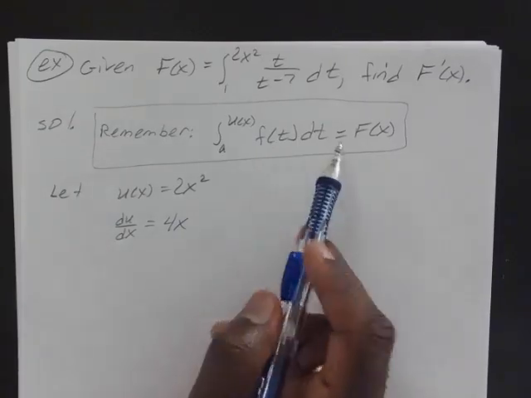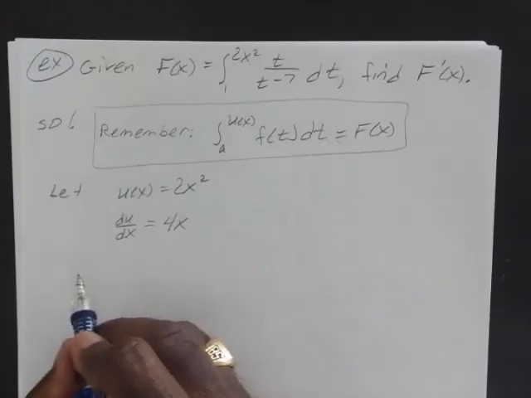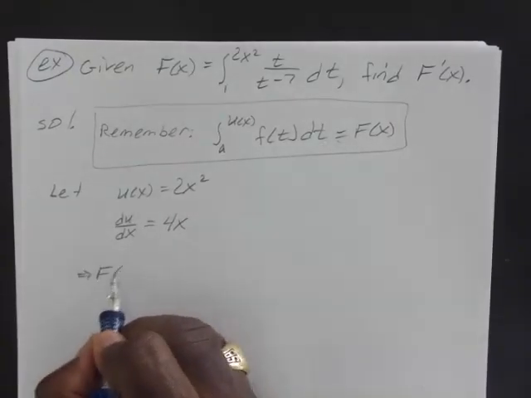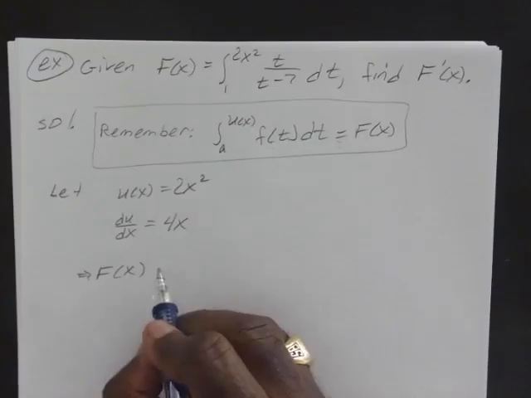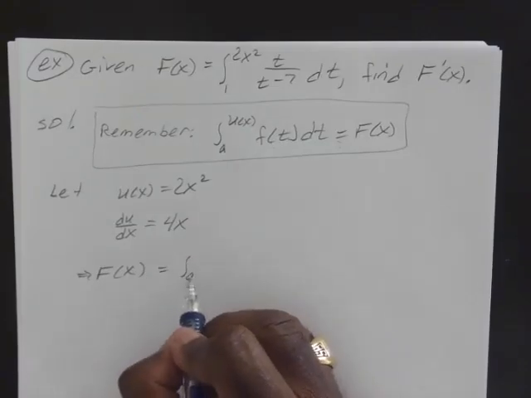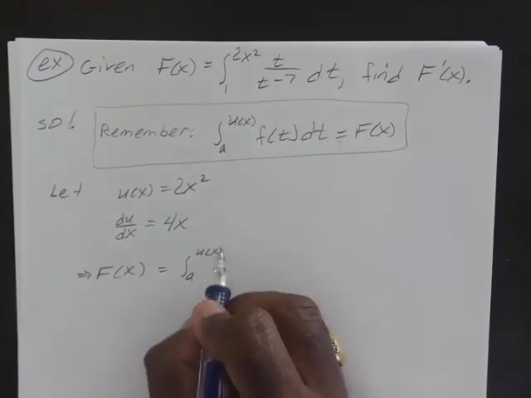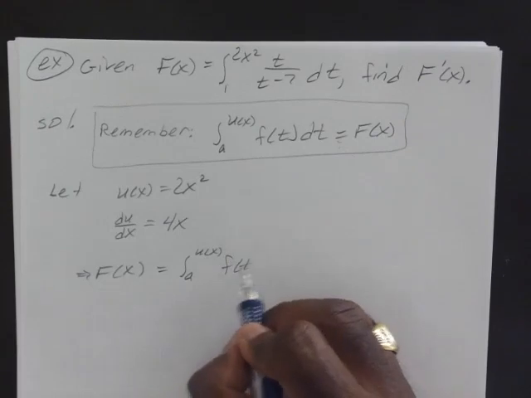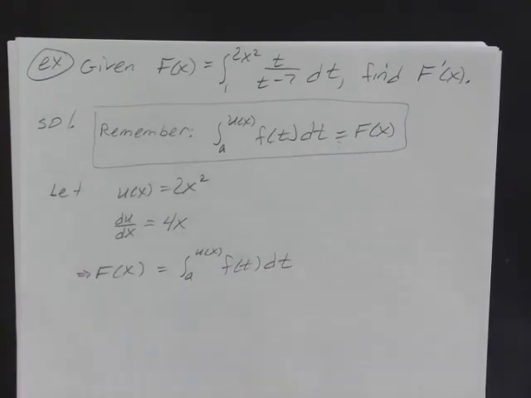Okay. Now, we already know that I'll just rewrite that, is equal to the integral from a to some function u of x of f of t with respect to t.